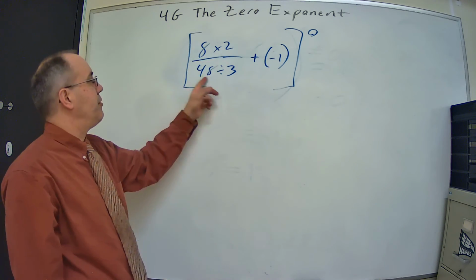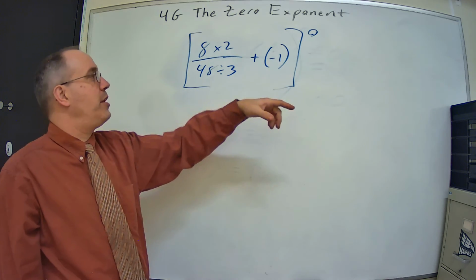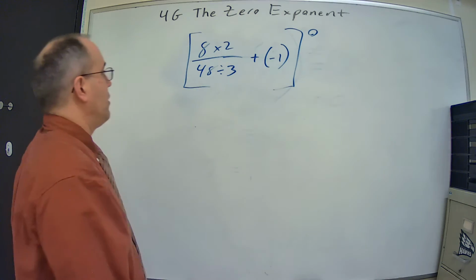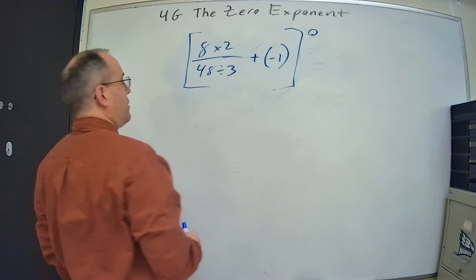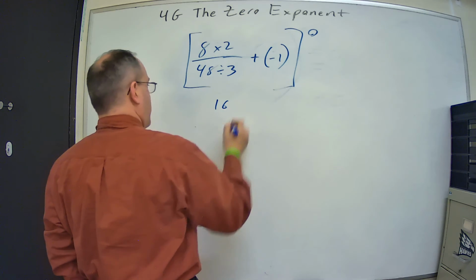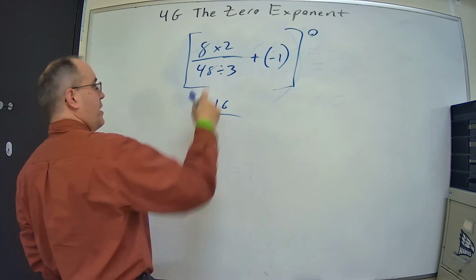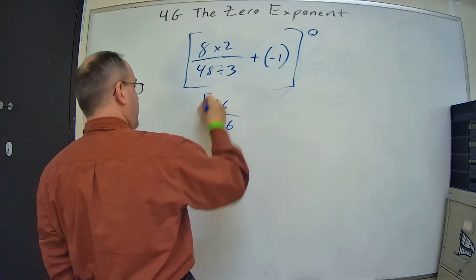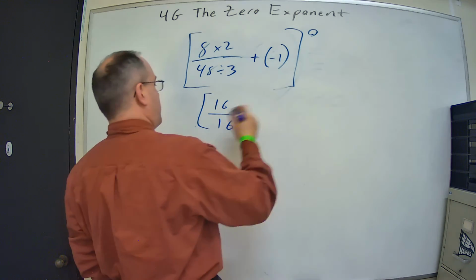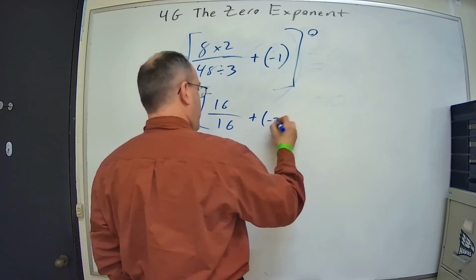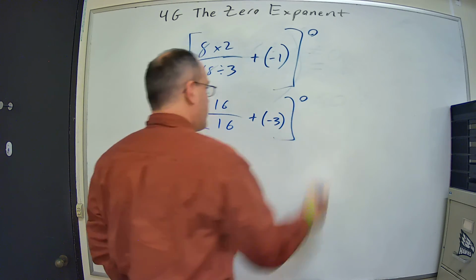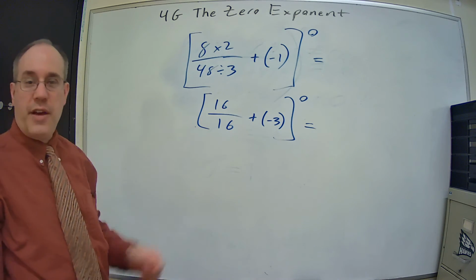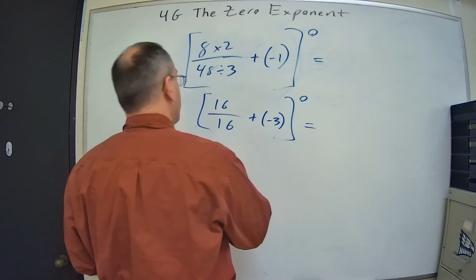So 8 times 2 over 48 divided by 3 plus -1, all of that raised to the 0th power. 8 times 2 is 16. 48 divided by 3 is 16, leaving me with 16 over 16 plus -3, all of that raised to the 0th power. 16 divided by 16 is 1.